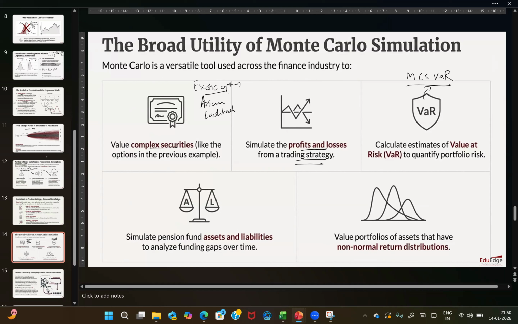So MCS value at risk assumes that the asset price follows a certain distribution. Then we draw from these distributions, simulate the asset price, and we do that across various assets in our portfolio, calculate portfolio returns ultimately.